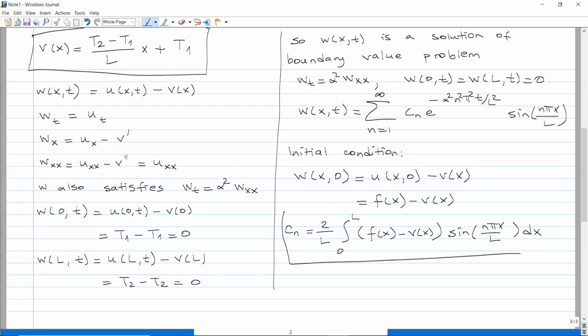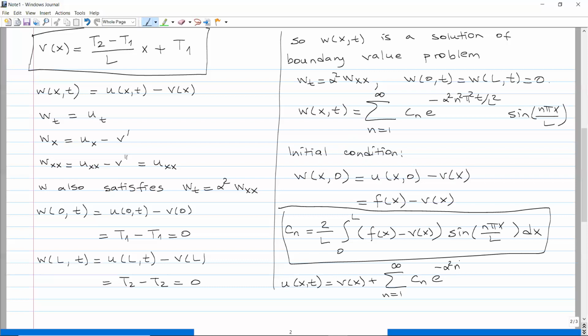And once you find your constants, here is v, here is the constants, and then your solution is going to be v(x) plus the sum n from 1 to infinity of C_n, where the C_n's are given by this formula, e to the minus alpha squared n squared pi squared t over L squared, sine of n pi x over L. So the only difference is that using the temperatures T1 and T2, you find this function v, and using that function and the initial heat distribution f, look at these integrals to find the constants and write your solution in this form.